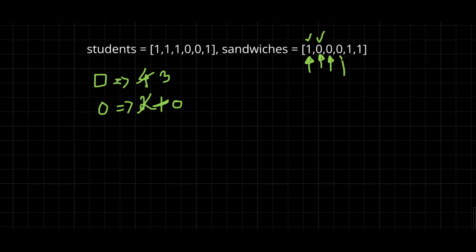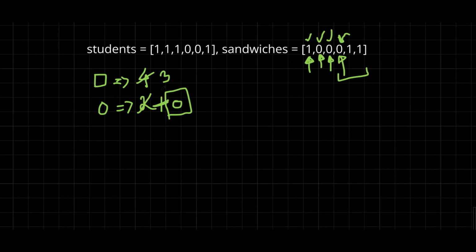Now again we have encountered another circular sandwich here. But wait, by now none of the students want the circular sandwich because the frequency of students wanting the circular sandwich has become 0. So here, these 3 sandwiches cannot be eaten.